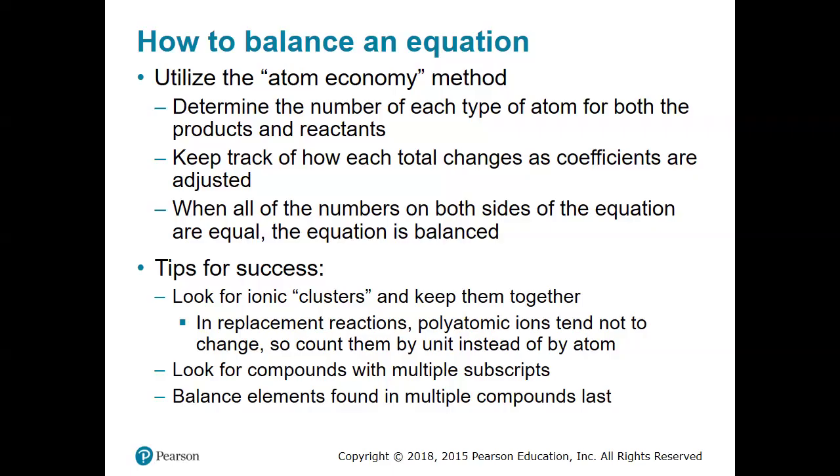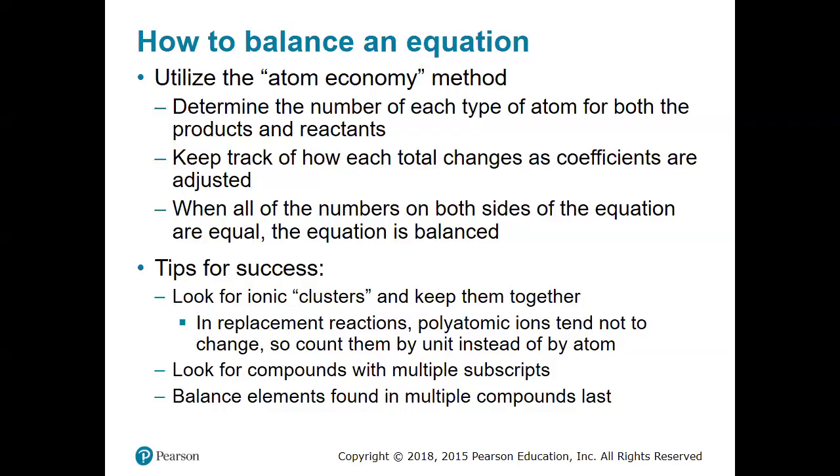Now, some things to look for, things that could help us make this a little bit easier. In displacement reactions, a lot of times we are going to be dealing with polyatomic ions, things like nitrate ion or chlorate ion or cyanide ion or you name it. Instead of breaking those ions apart into their individual pieces, it's actually a lot easier to track them as a whole, as a cluster.